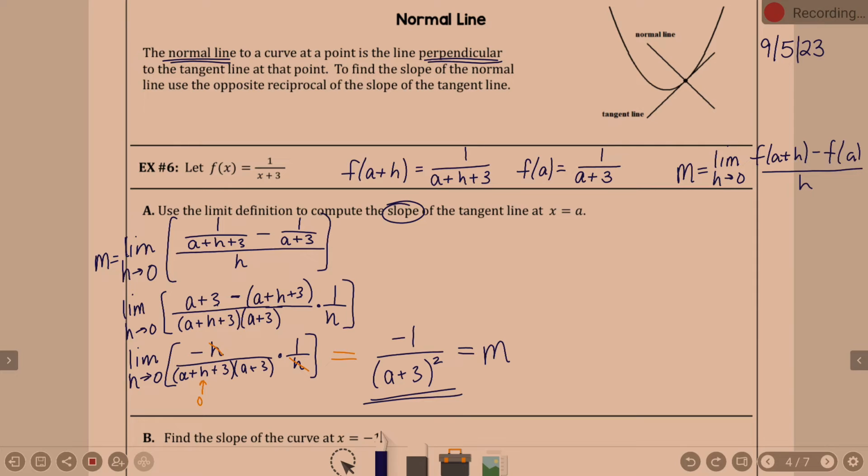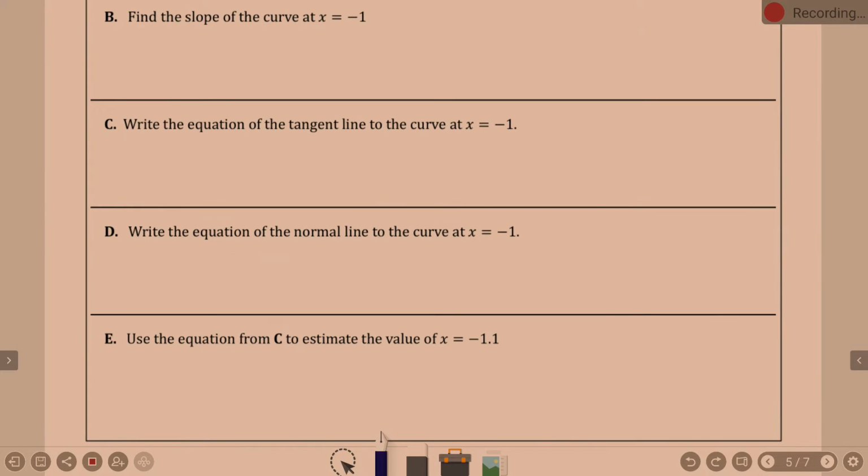So, generally speaking, what's my slope then? Generally speaking, -1 over x plus 3 quantity squared, because this was at x equals a. So, my general slope for this problem is this. Okay? So then, B is asking me to find the slope of the curve when x equals -1.